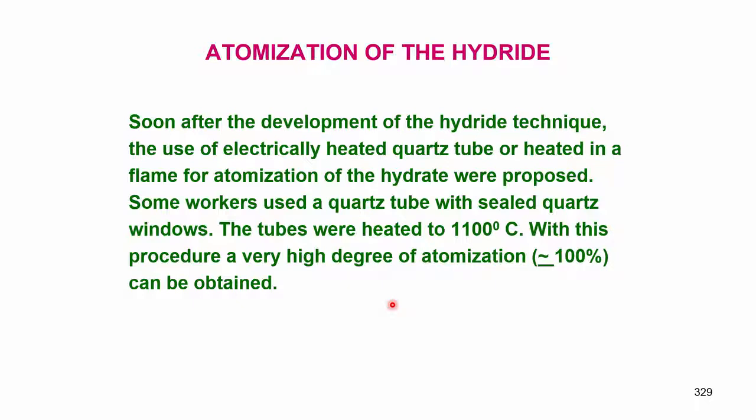Soon after the development of the hydride technique, use of an electrically heated quartz tube, or a tube heated in a flame, for atomization of the hydride was proposed. Some people said, why put it in the flame? We can as well heat it electrically. So some workers used a quartz tube with sealed quartz windows.